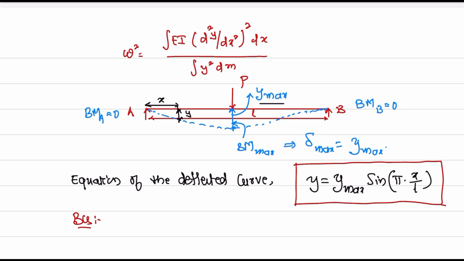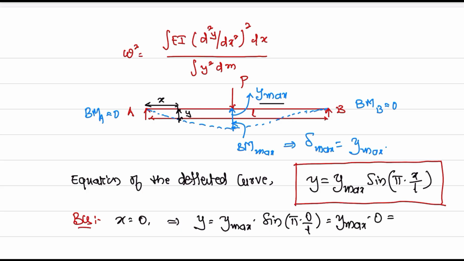When x is equal to 0, y is equal to y max into sin pi into 0 by L. Sin 0 is 0, so y max into 0 is equal to 0. That means the boundary condition here is satisfied.